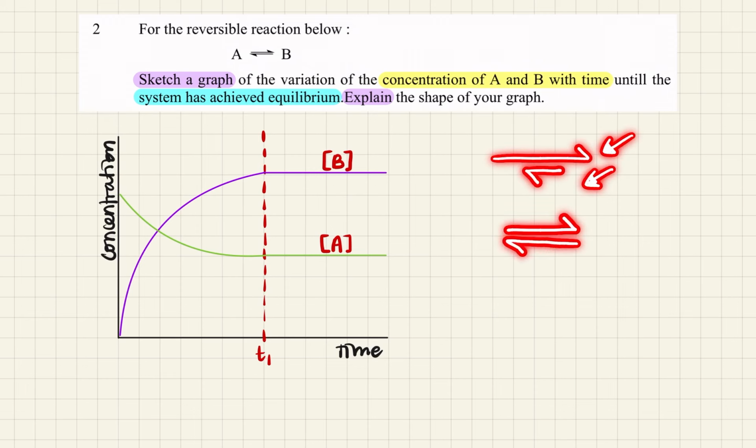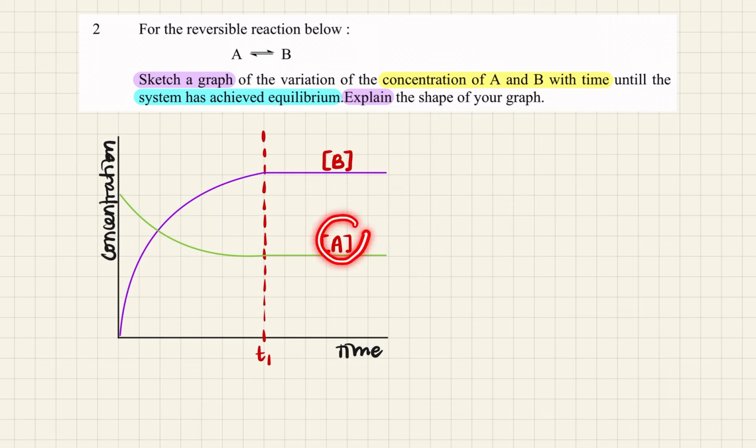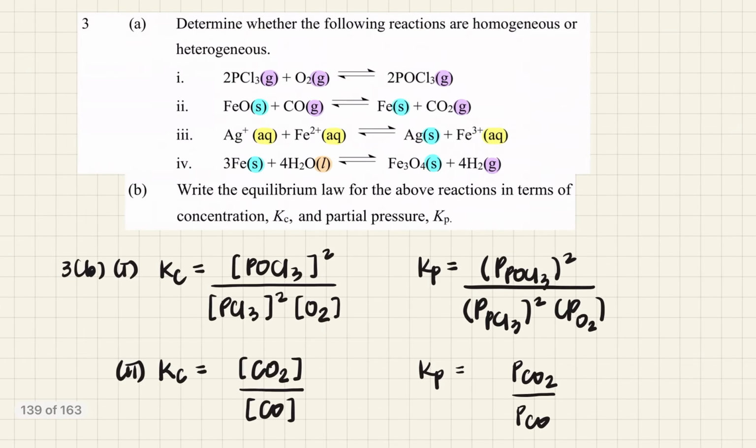So maksudnya rate forward dengan rate reverse dia akan jadi sama. Alright, so when the rate of forward and reverse reaction becomes equal, therefore the concentration of A and concentration of B will remain constant. Okay, so those are the points for your explanation, okay, for this graph.